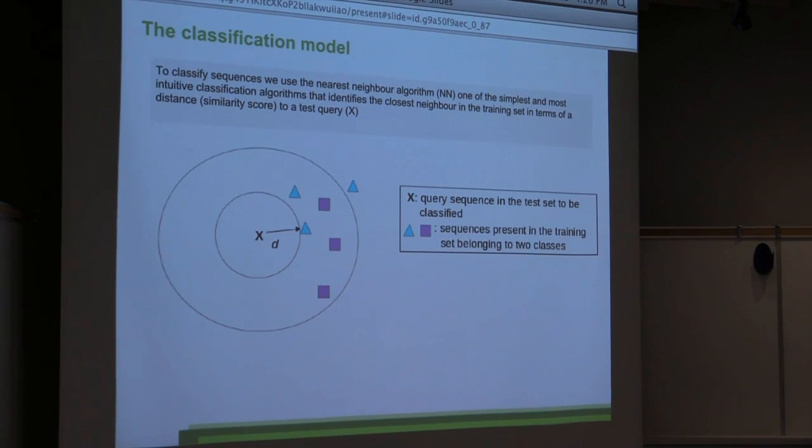So we use the simplest possible classification method, which is the nearest neighbor method, and basically it assigns the class, here shown in the picture as a triangle, which is the closest in distance to the query sequence. So it's the simplest possible classification model, which is also used as a benchmark when comparing to other more sophisticated models like the SVM.